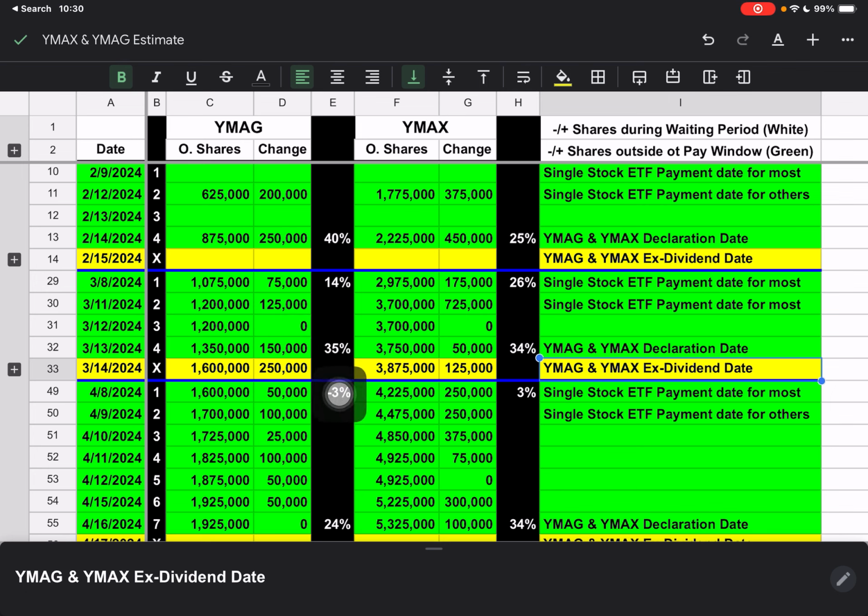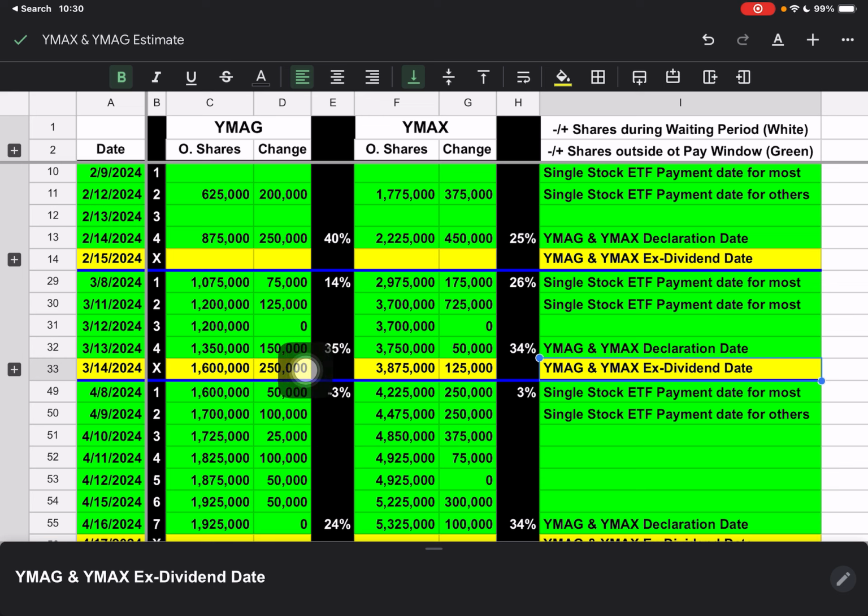Then, as far as where we went increase-wise during that pay period, or pay week, I guess I'll call it pay week, during this week right here, it jumped to 35% and 34% for YMAX there.